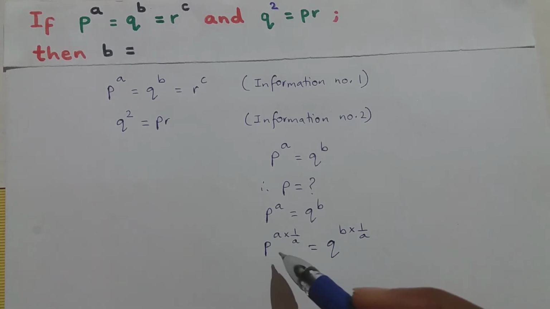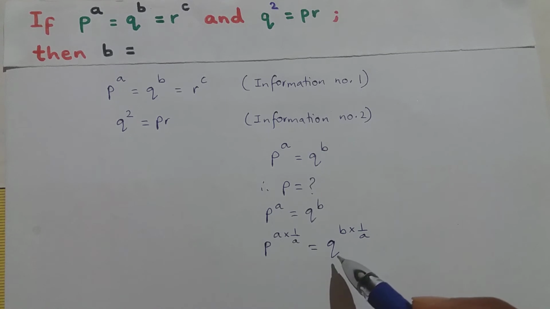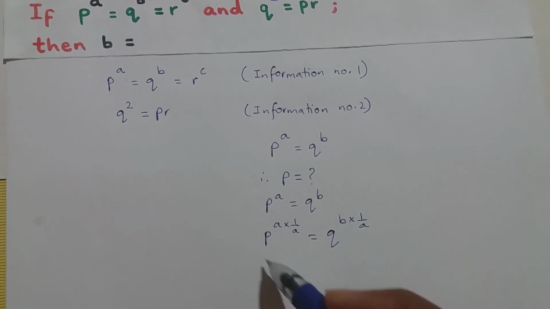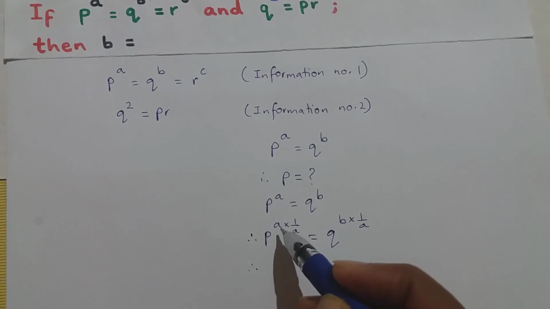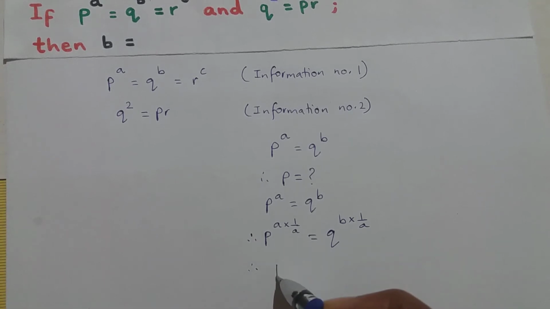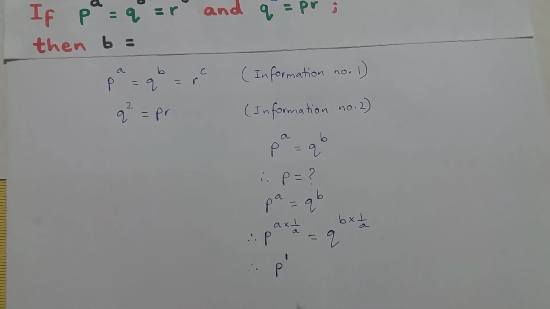So it becomes p to the power a into 1 by a is equal to q to the power b into 1 by a. Now p to the power a into 1 by a will be what? This will be p to the power 1, because a into 1 by a is 1.